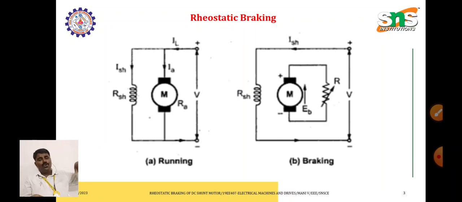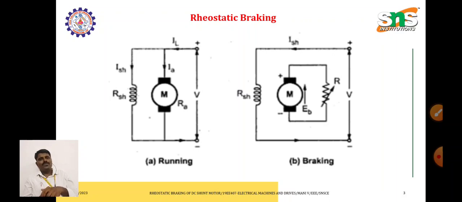During that time, the motors inside the crane act as a generator, so there we have to apply the rheostatic braking. We can use it for the crane hoist as well as the paper rolling machine or steel industry. We can apply it as an emergency brake to bring the motor to the original position.